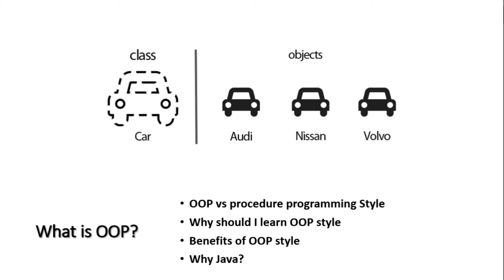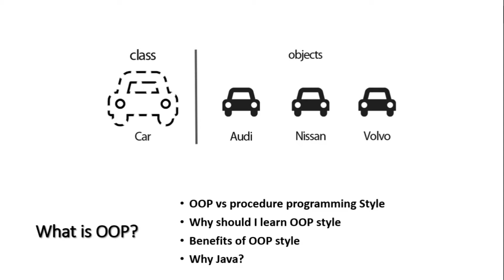In object-oriented programming, you're going to create the class, and the class represents the blueprint. Right after you get the class, you get the design, everything is studied, everything is okay. Right after that, you're going to start creating objects, multiple objects, not only one object, multiple objects that belong to the class, in this case, car.